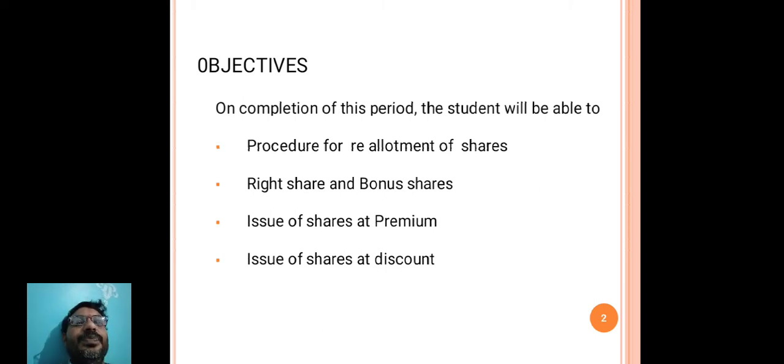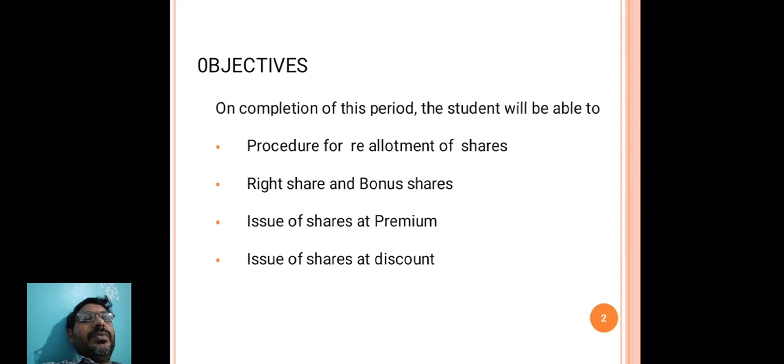Almost all the information related to shares and the issue of shares at premium and at discount will be covered in this session.